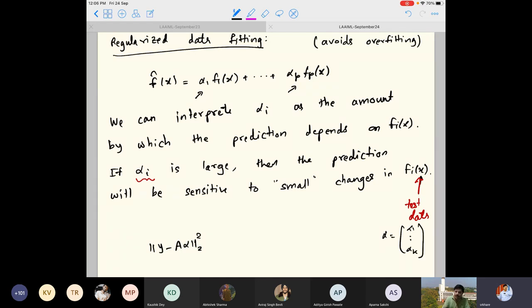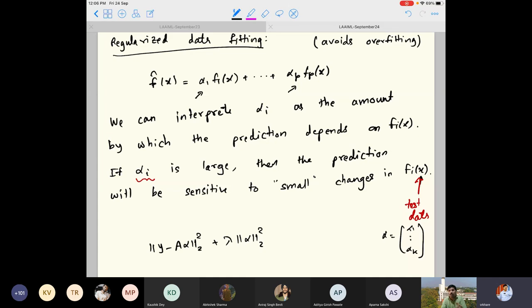But after that, what you can ask for is that the norm of alpha be as small as possible. If you ask for the norm of alpha to be as small as possible, then each individual alpha automatically becomes smaller. The smaller the alpha, the less susceptible the prediction will be to small changes in f_i(x). That is something that you can have.